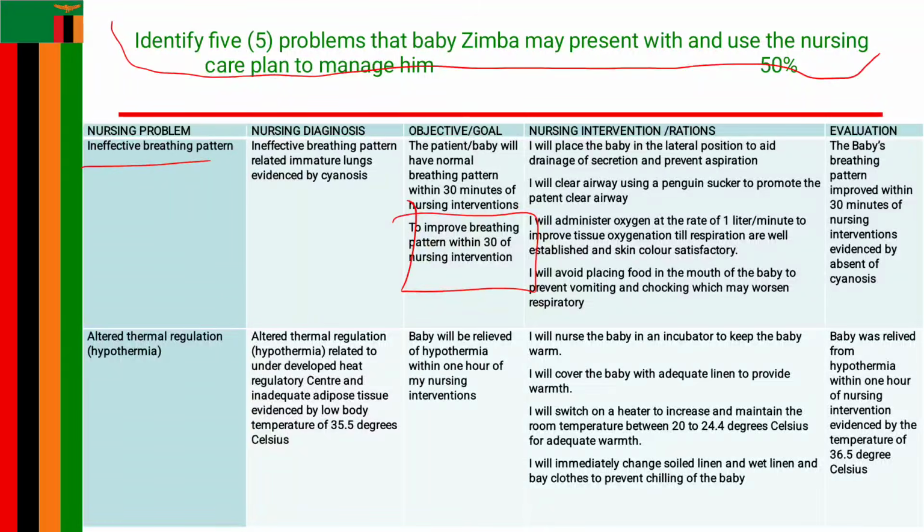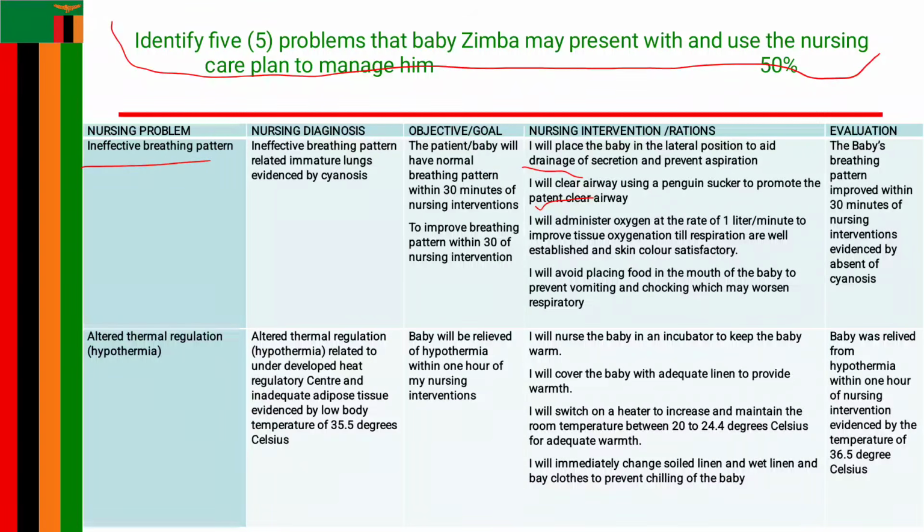The interventions, all you need is just 4. In terms of the interventions, you can say the first one, I will place the baby in the lateral position to aid drainage of secretion and prevent aspiration. The other point, you can say I will clear the airway using a penguin sucker to promote a patent airway.